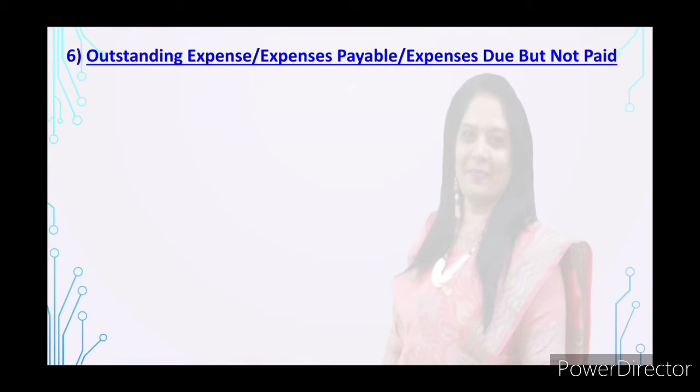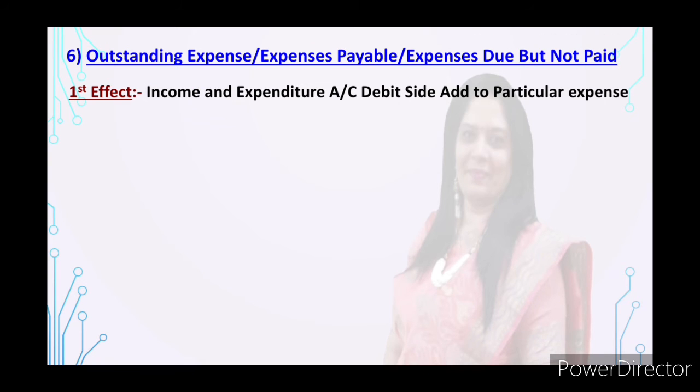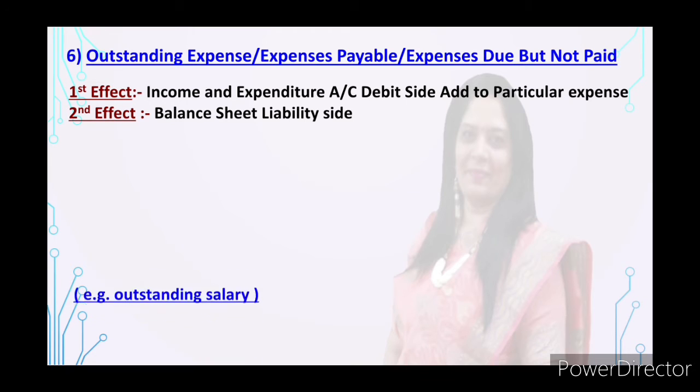Next adjustment is outstanding expense: expenses payable, expenses due but not paid. First effect, income and expenditure account debit side, add to the particular expense. Second effect will be in the balance sheet liability side.